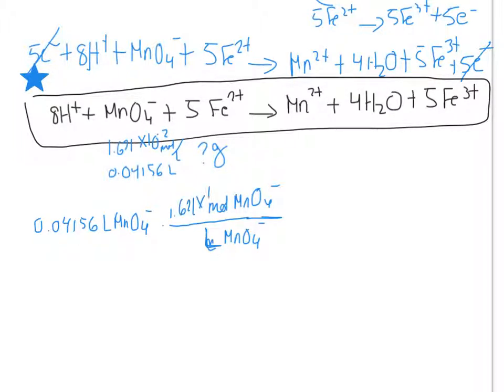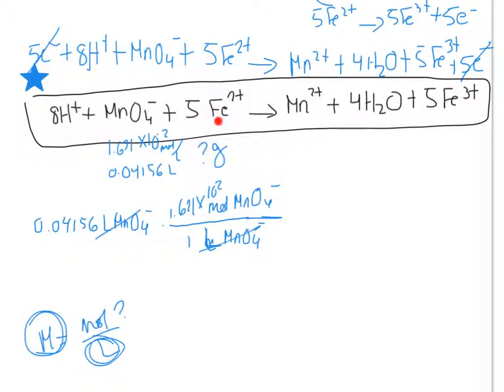1.621 times 10 to the negative second moles for every 1 liter. As always, you can use the molarity equation. You are given the molarity, you're given the liters, solve for the moles, if you prefer that way. Okay, I'm at moles of permanganate, so I have the moles of what I have information about.